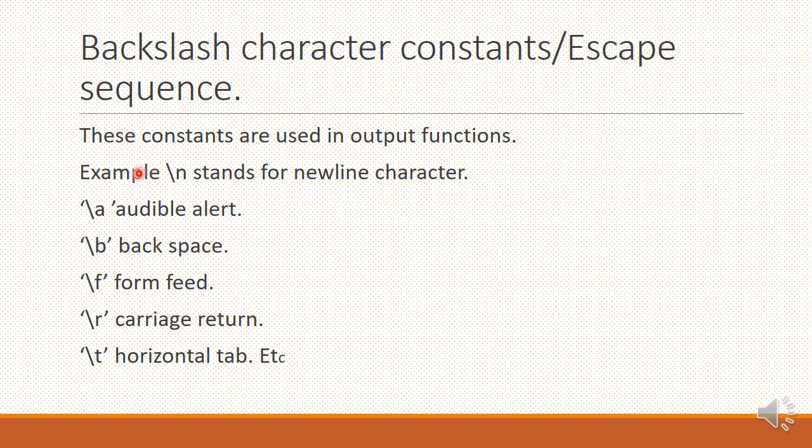To make the output somewhat attractive, or for easy understanding, we usually use the backslash character or the escape character. It is very important, otherwise it is somewhat difficult to understand the output.